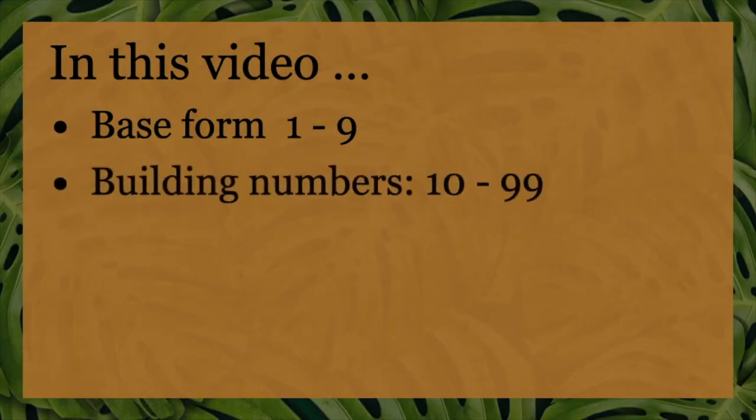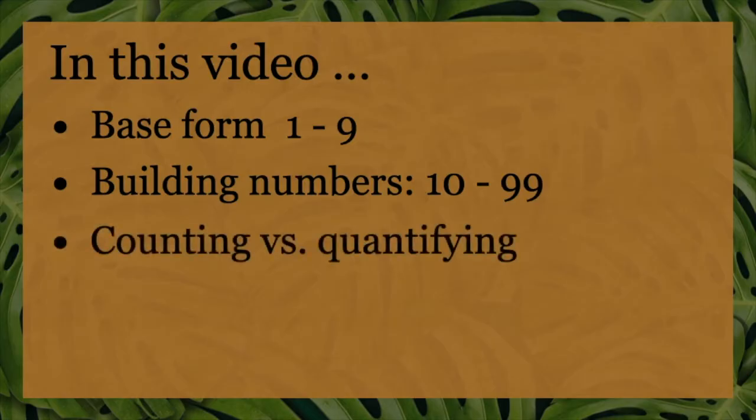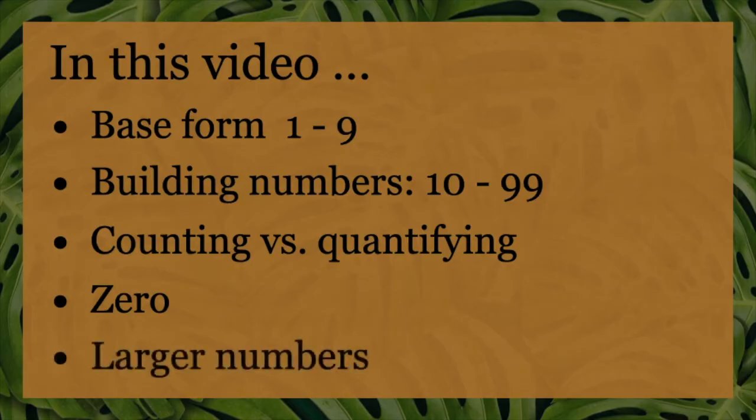Then we'll be using that base form to build the numbers 10 through 99. We'll talk a little bit about the difference between using numbers to count versus using them to quantify a number of objects. We'll talk about a couple of ways to express the number 0. And finally, we'll look at how to say our larger numbers.